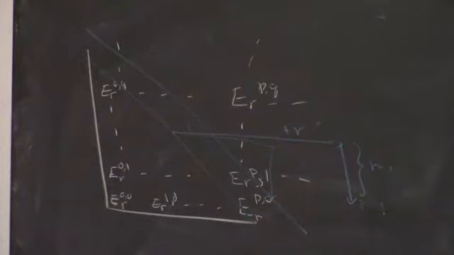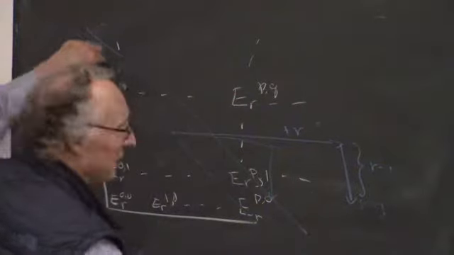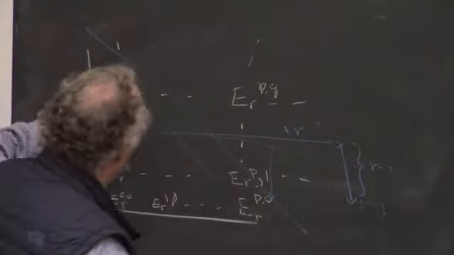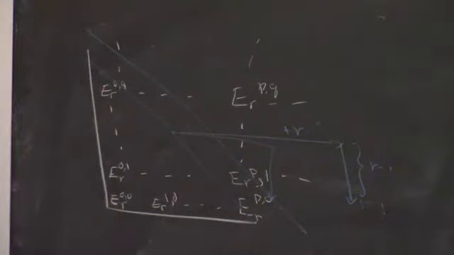Okay. And then by the time you get to E infinity, if you look along one of these lines, you see the associated graded of the filtration in that cohomology.